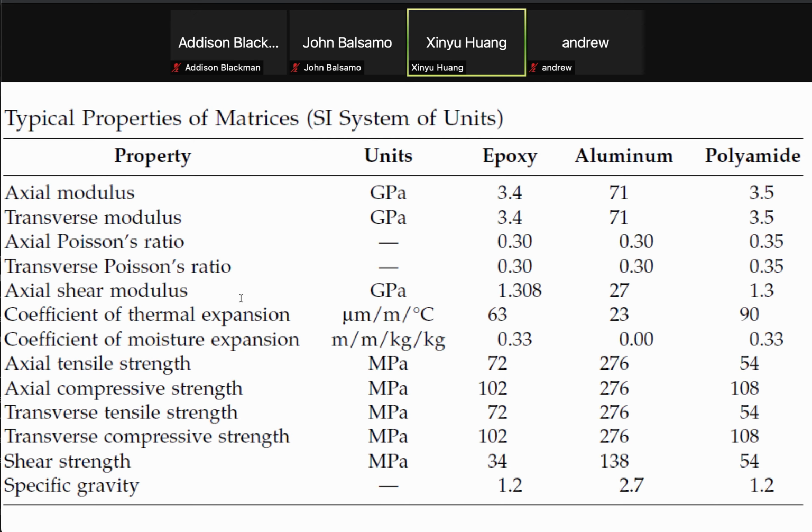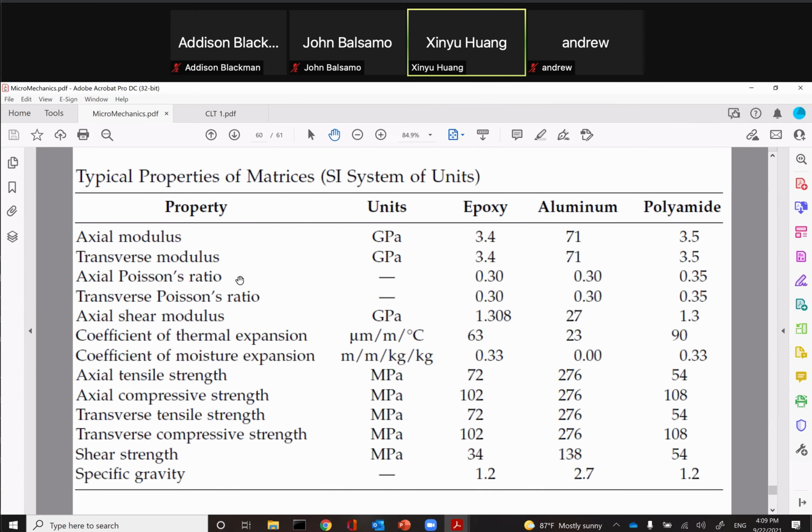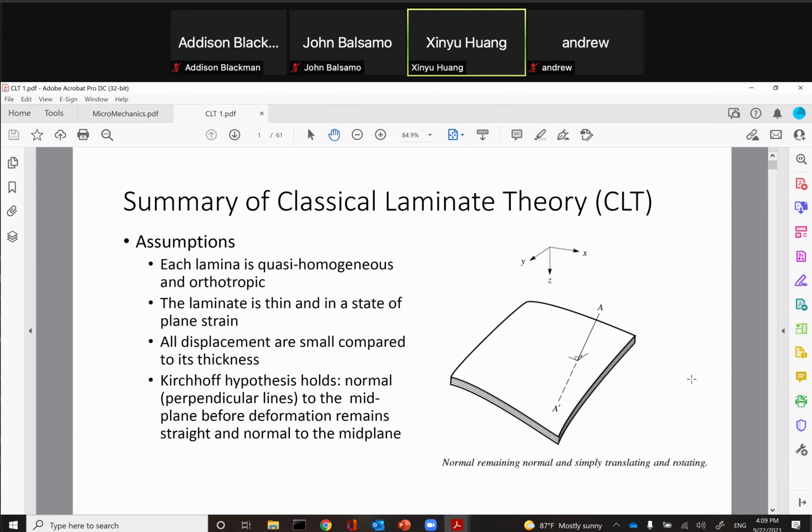All right, so that's everything about micromechanics. And I want to start to work on the main thing we're going to cover in this subject, in this text, in this course. It's the classical laminate theory. So we're building up to this. So basically, this is the one that we're going to do some programming about.